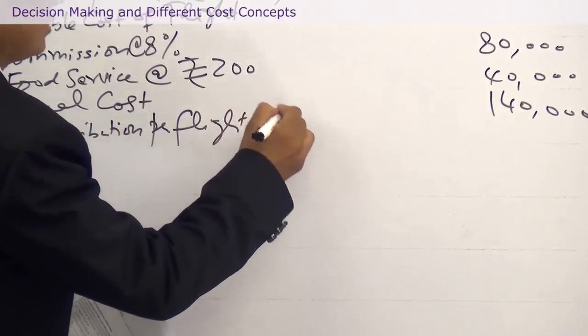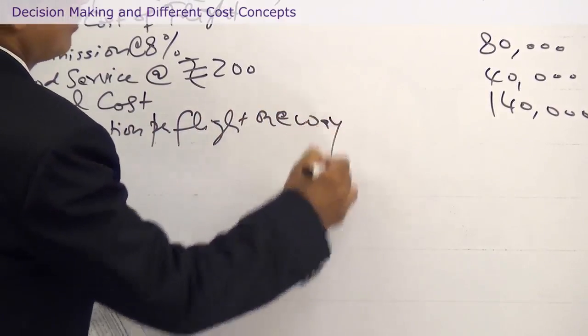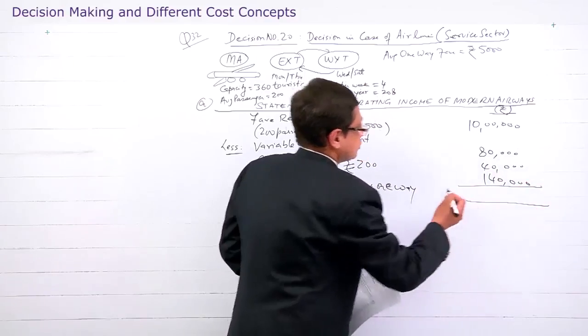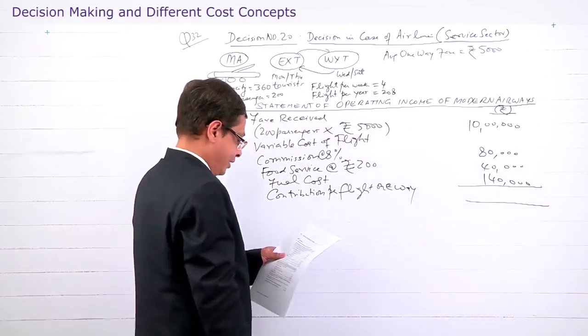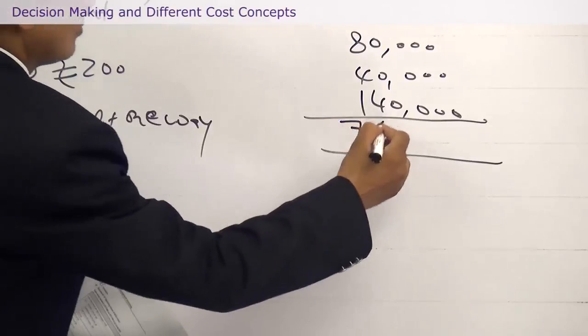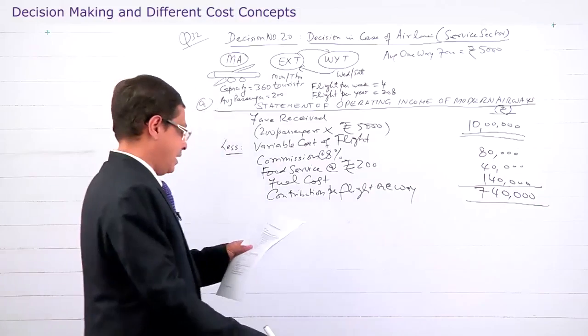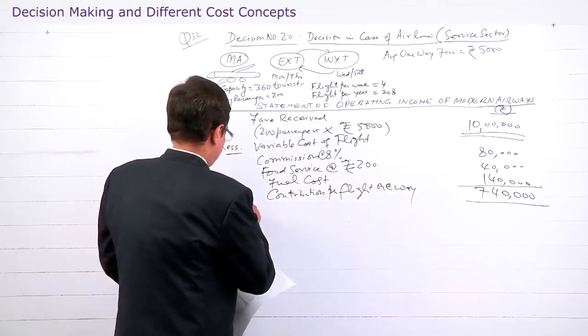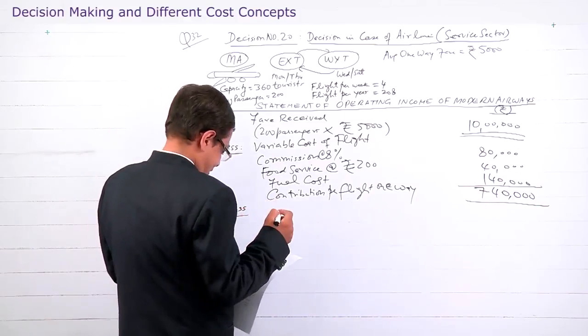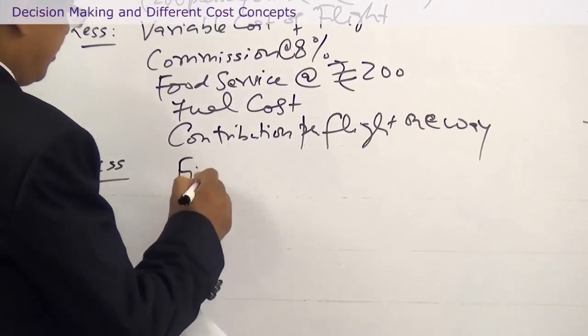And this flight is one way. So on subtracting, you get a figure of rupees 7,40,000, right? So you reduce further fixed cost.